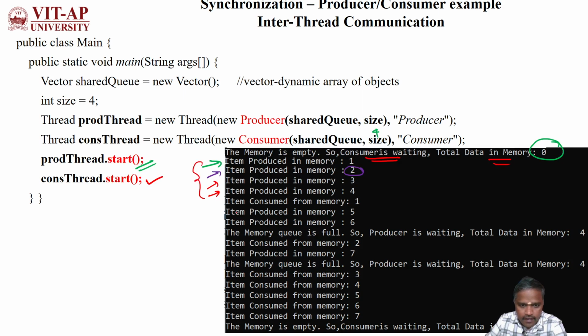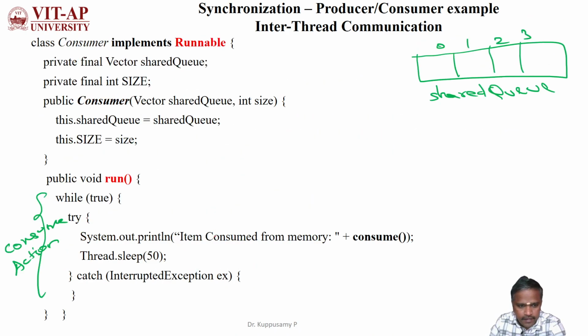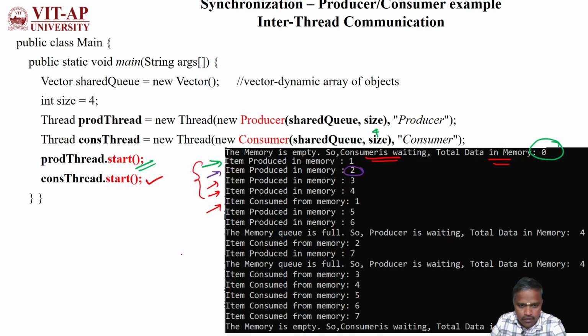After waking up the consumer, in the meanwhile, a waiting delay of 50 milliseconds is introduced for the consumption. In that 50 milliseconds only, these 4 data are produced by the producer into memory after the wake up signal, the notify method.